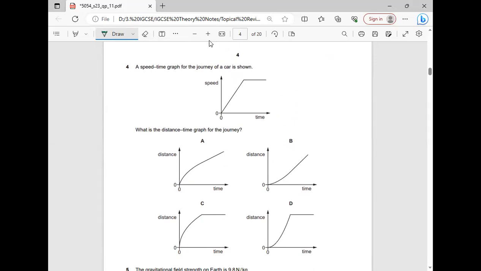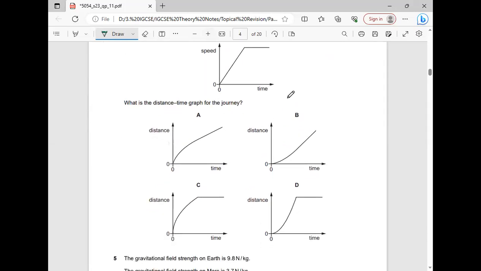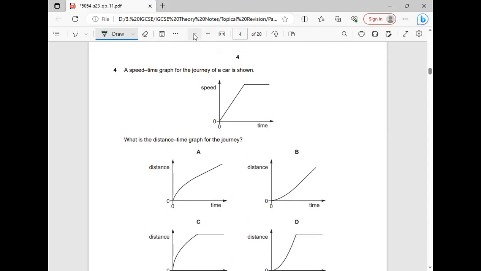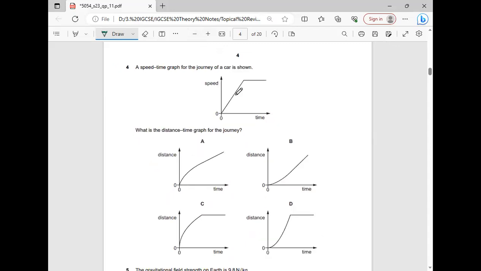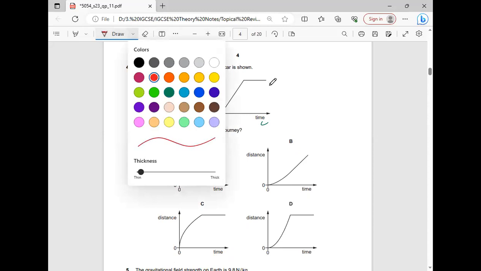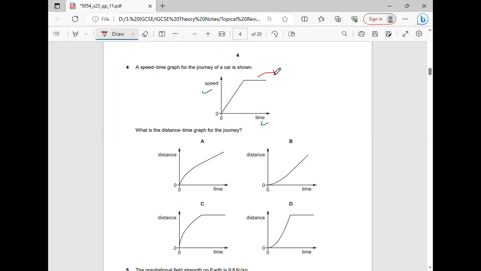Now this one is an interesting question. In this question, the speed-time graph for the journey of a car is shown. First we will determine the different parts of the speed-time graph. This part shows that the body is moving with constant speed.